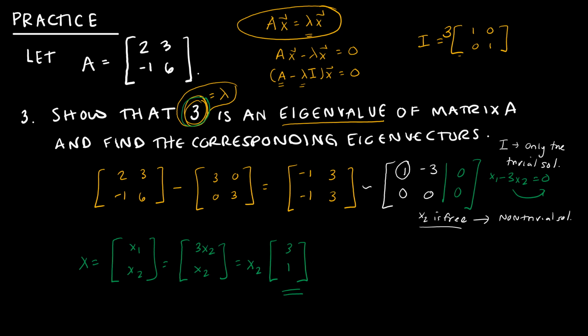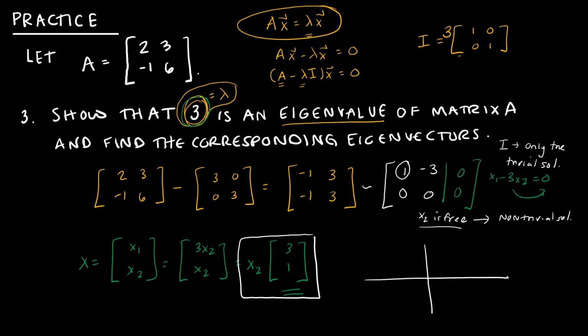The question says find the corresponding eigenvectors. So the corresponding eigenvectors are all vectors in this form. So I wouldn't list all of the eigenvectors, well, because I can't. I can only say that they're all in this form. But I want you to think about what this looks like.